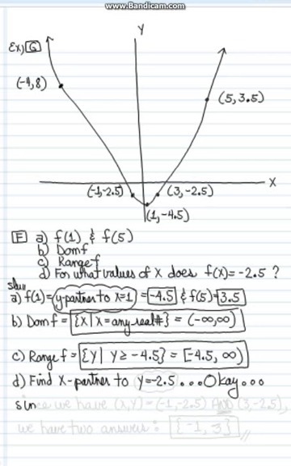Okay, since we have an ordered pair in the picture that's labeled as xy equals negative 1, negative 2.5, and we have 3, comma, negative 2.5, we have two ordered pairs. Oh my gosh. That means there are two x partners to y equals negative 2.5.